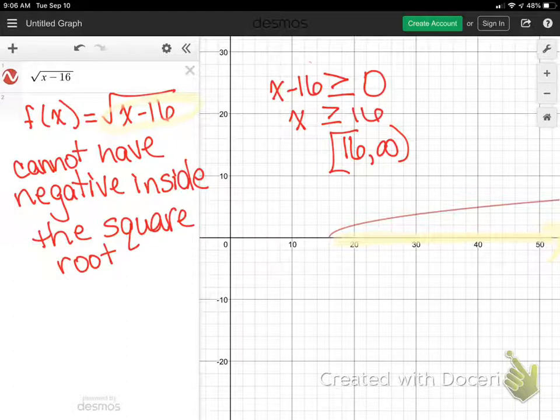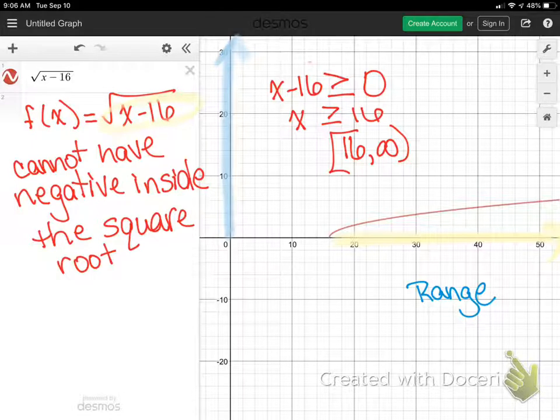Now, just for fun, because this one makes it kind of easy for us to look at, I want us to determine the range of this one. For our domain, we have been looking at our x. For our range, we are going to be looking at our y. So we are going to look for our y values.